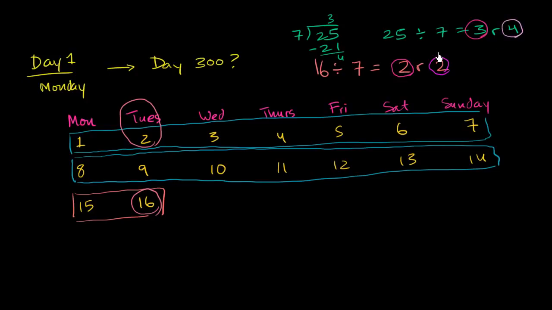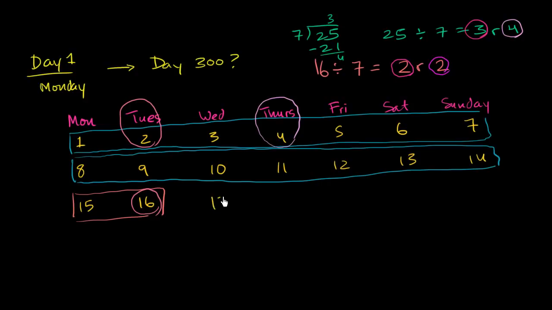So based on this, if we were to write out the grid, we should have 3 rows of 7 before we get to the 25. And then 25 should sit in the 4th column. So if it's sitting in the 4th column, it should be a Thursday. So day 25, based on this little math, should be a Thursday. Let's see if that actually works out.